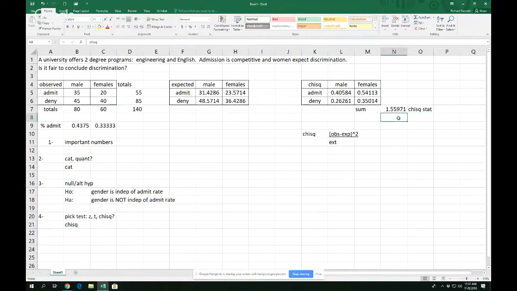Now let's talk about our degrees of freedom. Okay. How many rows do I have in my table? 2 rows. Minus 1 is 1. How many columns do I have? 2 columns minus 1 is? Multiply 1 times 1 and I get 1. Got 1 degree of freedom. So that would have been the yellow line.